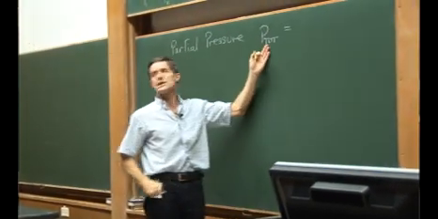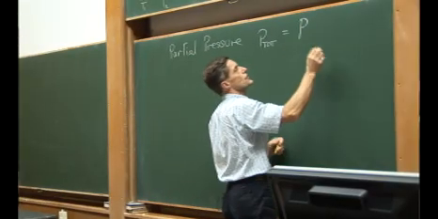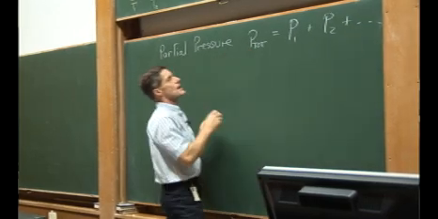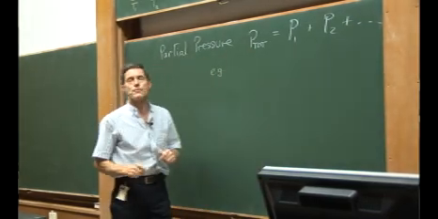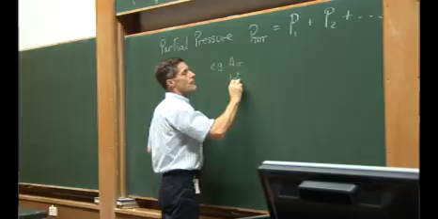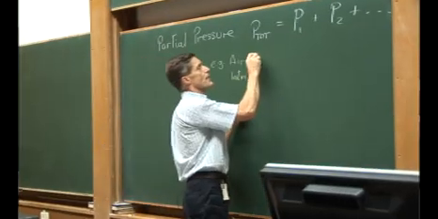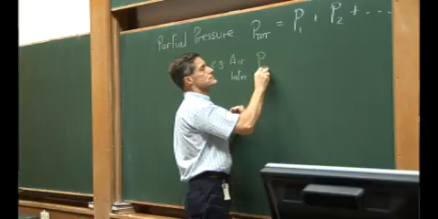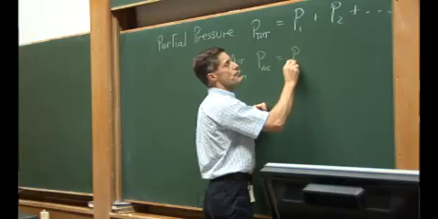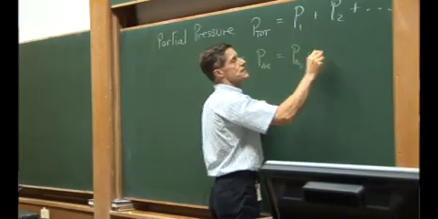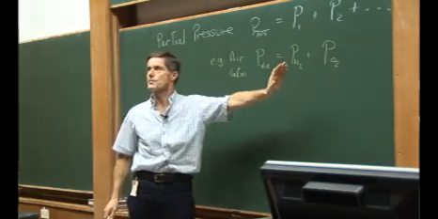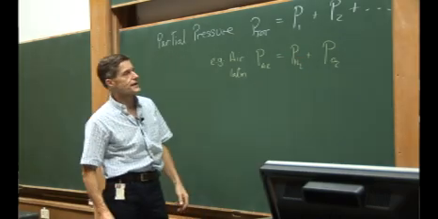and as a consequence, the total pressure is the sum of the partial pressures of the component parts. So, for example, if we look at air at 1 atmosphere, then the total pressure of air equals the partial pressure of the nitrogen present plus the partial pressure of the oxygen present, and we won't worry about the very small amount of carbon dioxide, argon and other things.